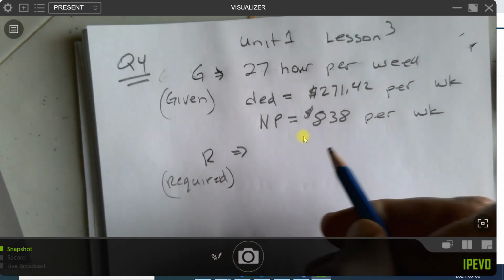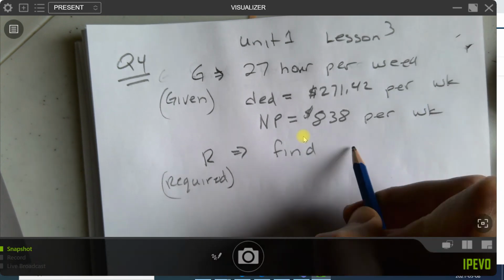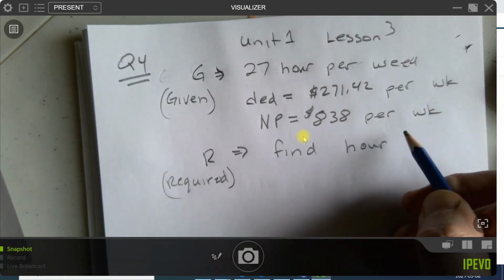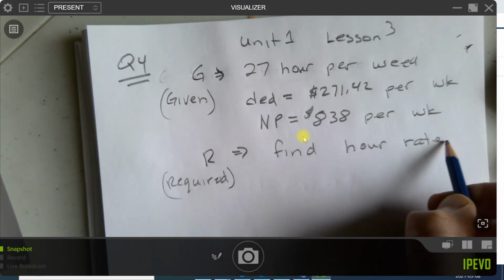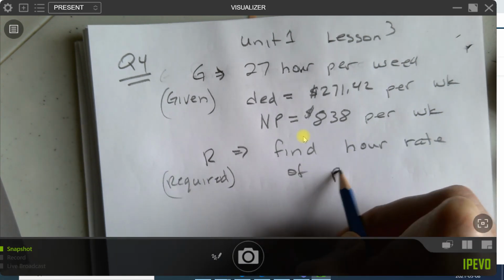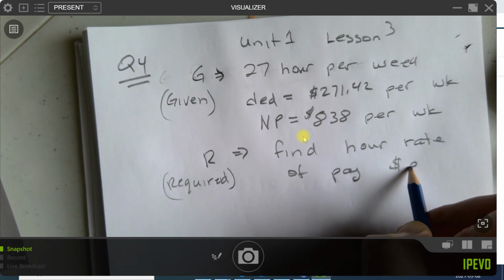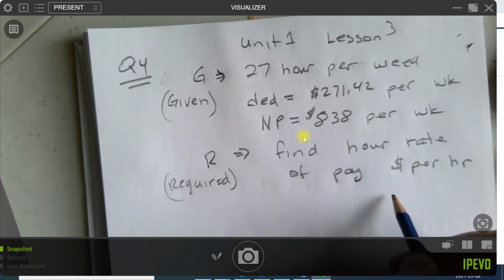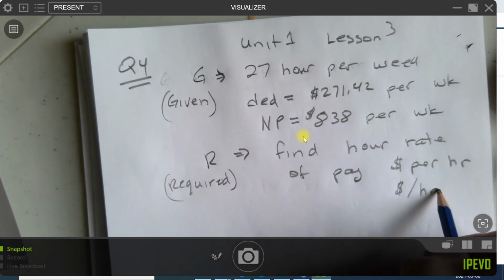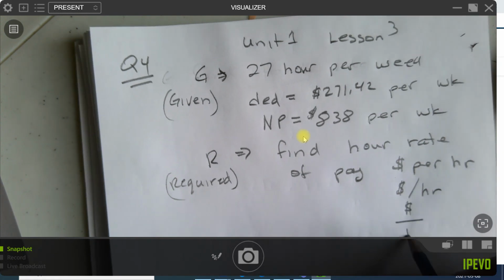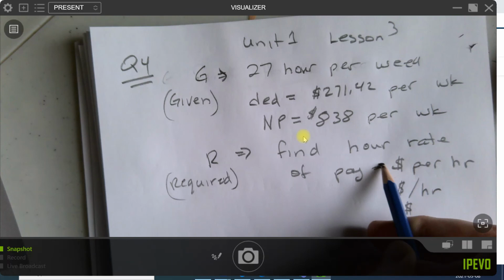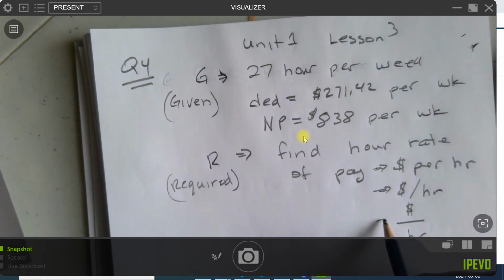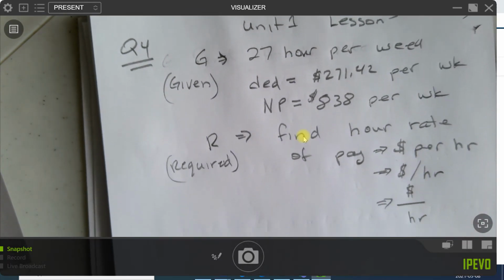Well, we have to find the hourly rate, the hourly rate of pay, and that's usually in dollars per hour, right? That's what we're trying to find. Another way to write it is like that, but the better way to write it is dollars over hour, right? They all mean the same thing.